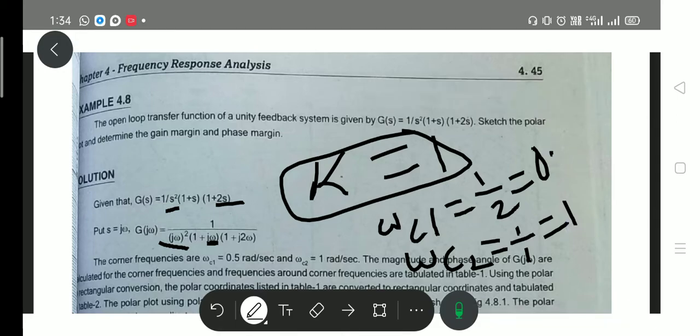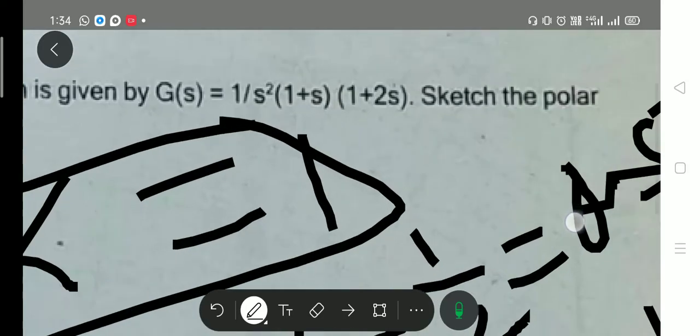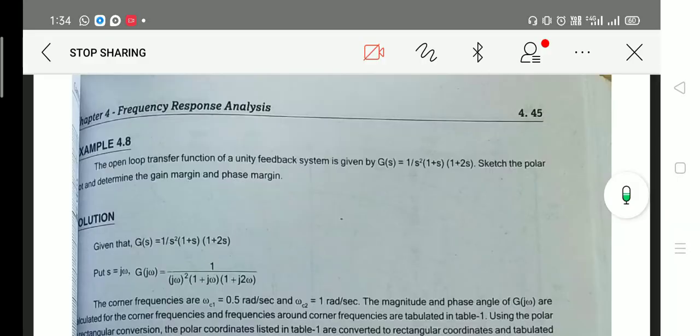Omega c1 is 0.5 radians per second. Between these corner frequencies, 0.5 to 1, we can calculate the magnitude and phase.